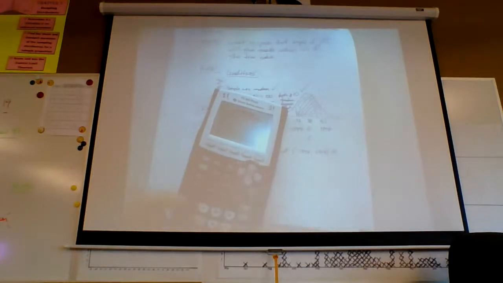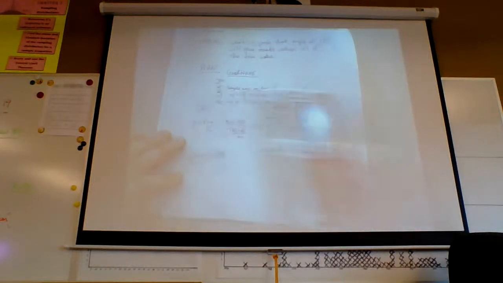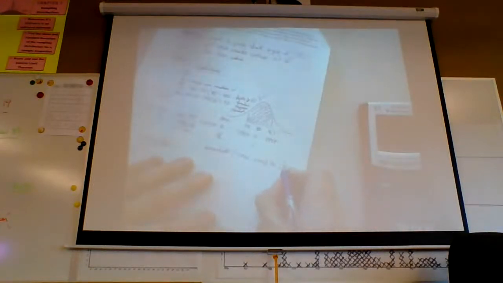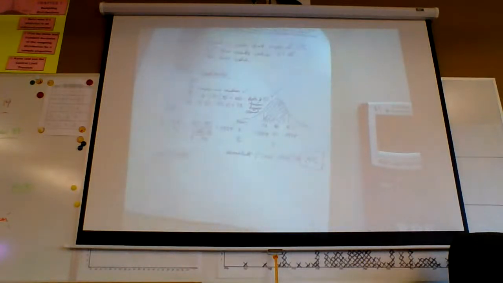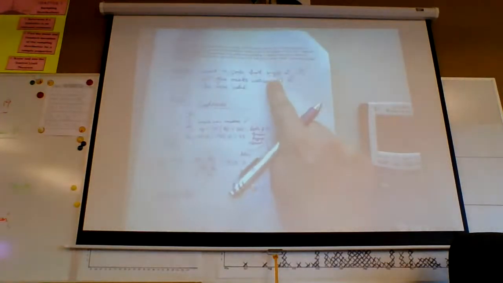Whoa, I screwed up my decimal: negative 1.957 to positive 1.957, 0, 1 for my z-scores. Type in my answer. I get this. That's the answer to the person's question way up here at the top.